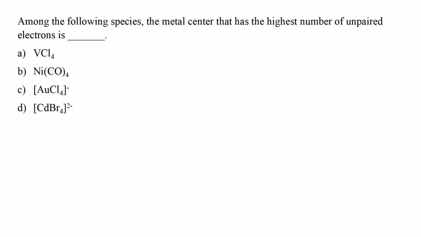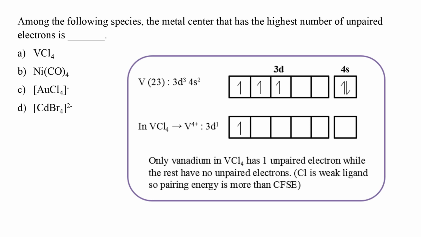The last question for today. Among the following species, the metal center that has the highest number of unpaired electrons is. Now, vanadium has 23 electrons. That means in the valence shell it has 3d3 4s2 electrons. But in vanadium tetrachloride it is in +4 state, right? So it is 3d1 configuration.